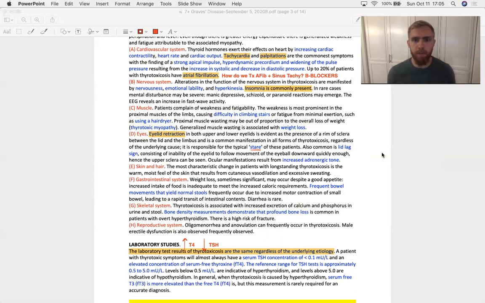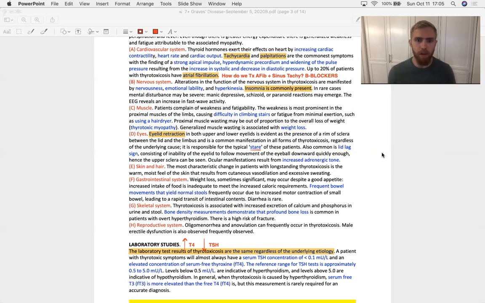In the nervous system, insomnia is commonly present, nervousness and emotional lability as well, and then hyperkinesia, that is another way of saying brisk reflexes. Patients do complain of muscle weakness and easy fatigability, and that's just because the muscles are using so much energy that there's not much left over for contraction, I would assume.